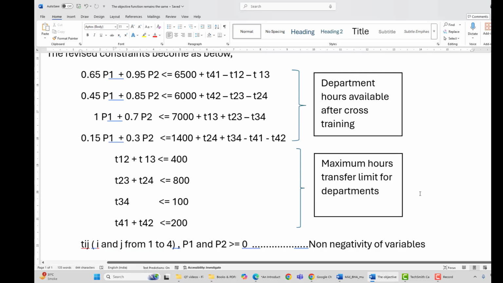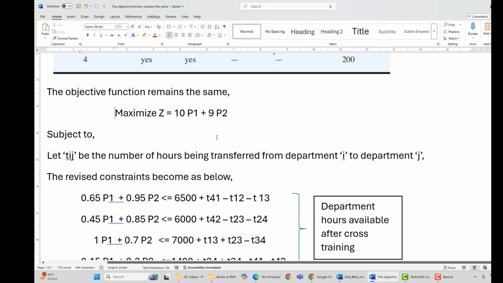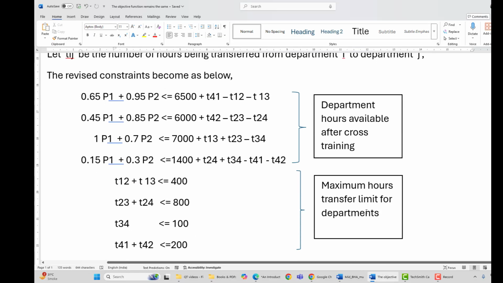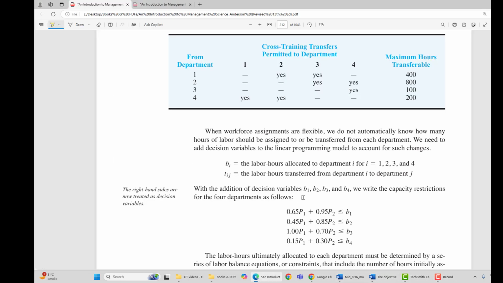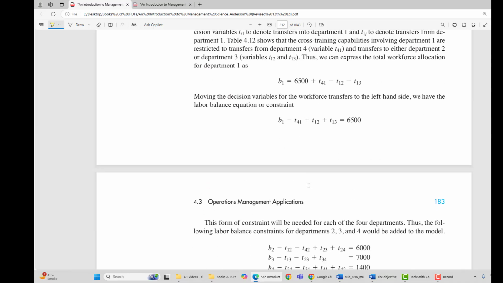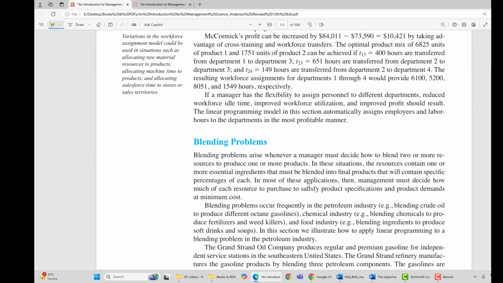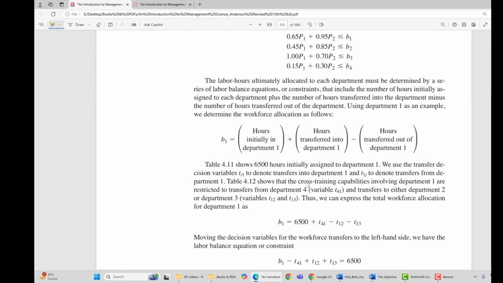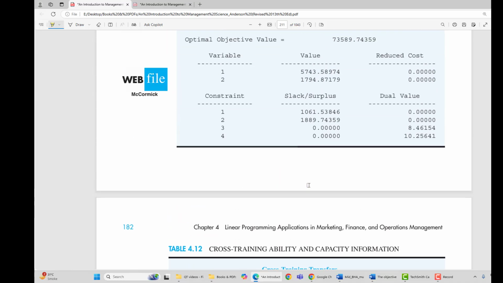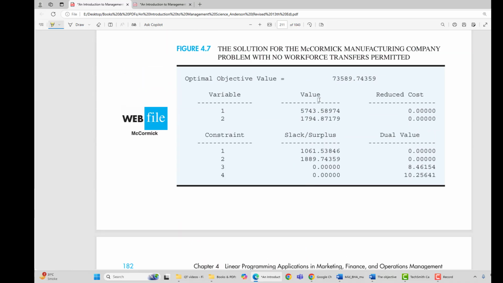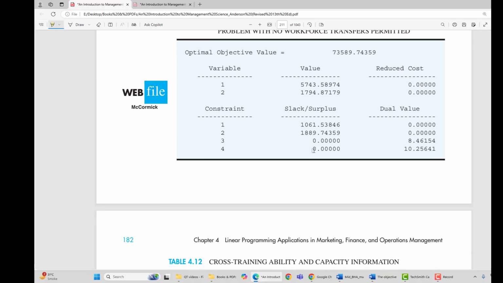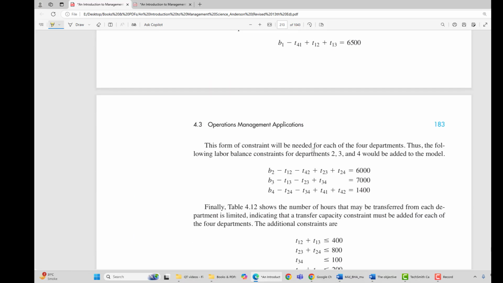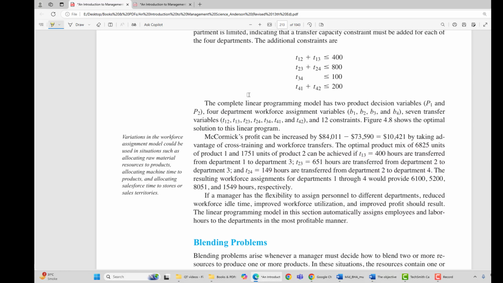When you solve this in the Excel solver, you will get this answer here. So you can cross check whether you are getting the same answer after the cross training. They have clearly mentioned it here. So now the answer is here, all these answers.